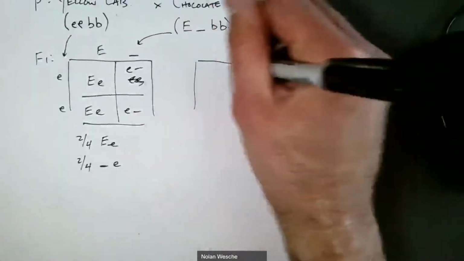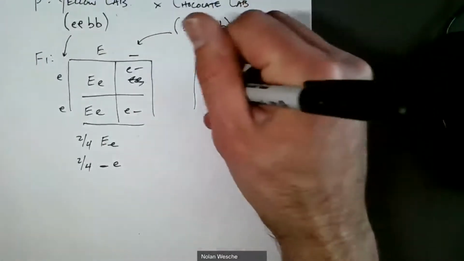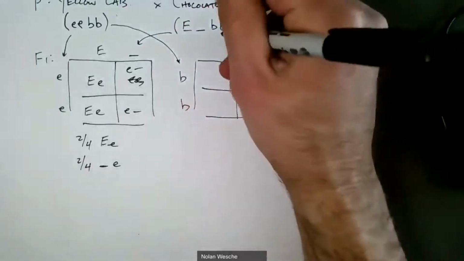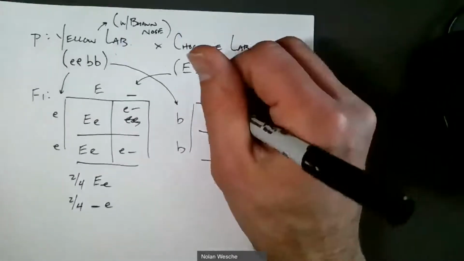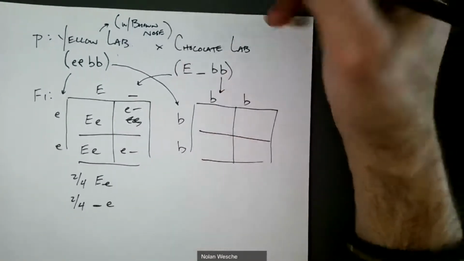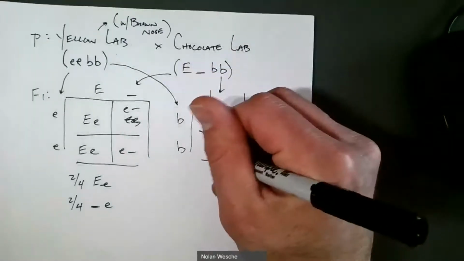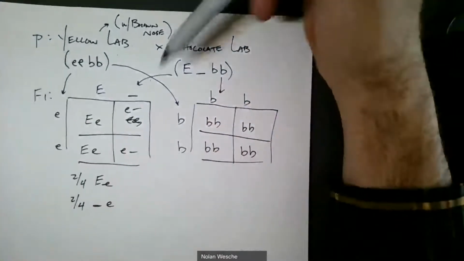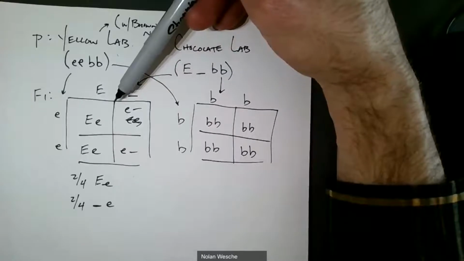Let's go ahead and look at the tyrosinase. And actually, this one's going to be super simple. So we assign our alleles, one parent here, the other parent's alleles here. Again, how are we doing this? We're separating the E's and looking at those as a Punnett square.